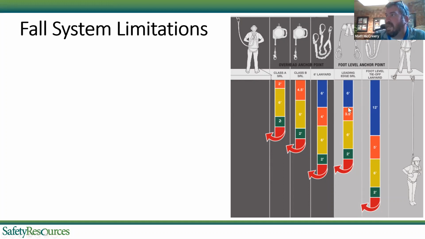But with leading edge SRLs, you can see how much these retractables do. I've never seen a steep slope guy use a retractable. I think rope and rope grabs are still the gold standard for that. I may be wrong. I haven't seen much steep slope in a long time, but rope and rope grabs tend to be where we fall.